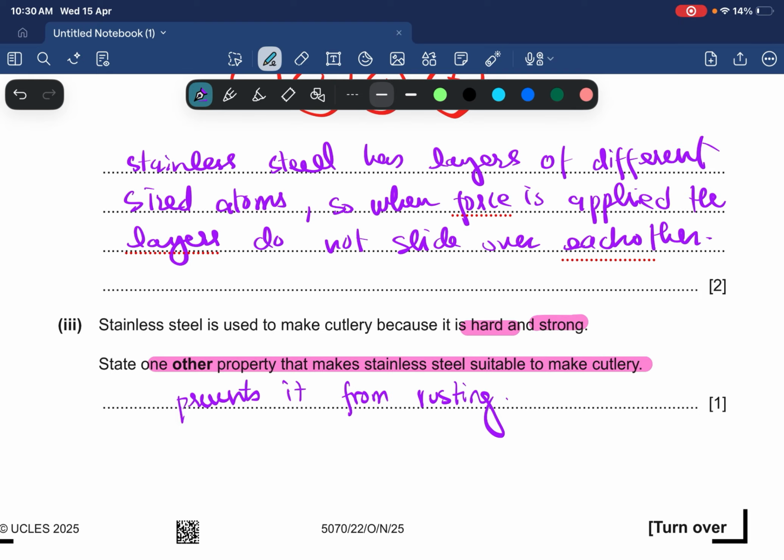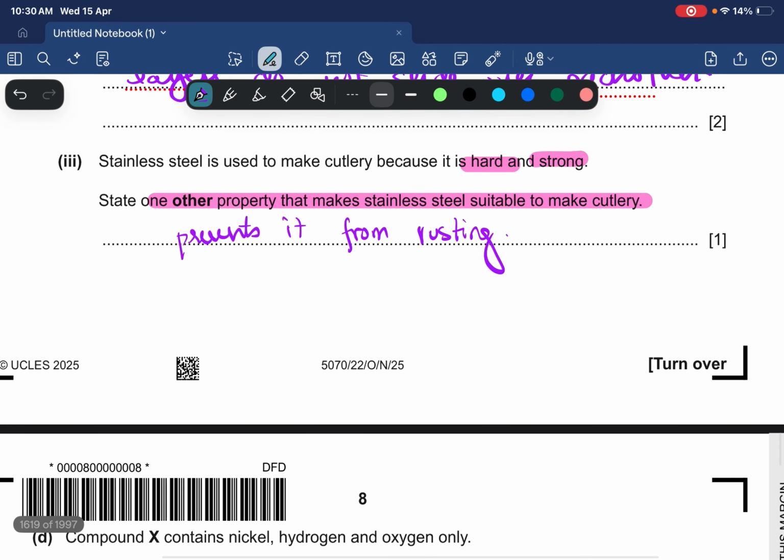So if you are making mixtures, you are making them impure, like adding different metals, you are basically disturbing their melting points as well.